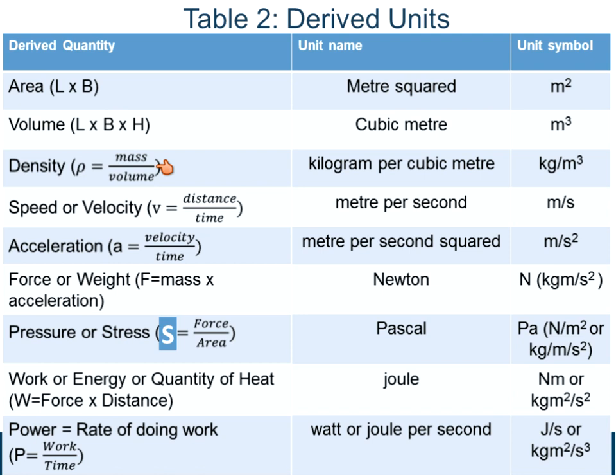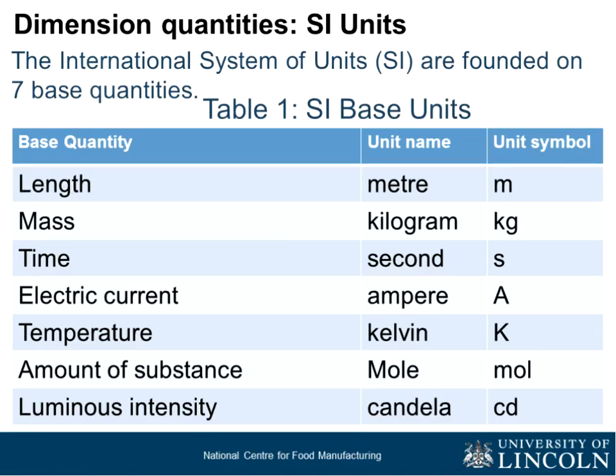So density is mass over volume, and you know that your mass is measured in kilogram and your volume is measured in cubic meter. So in essence, you need to know the unit names and the unit symbols of the base quantities.